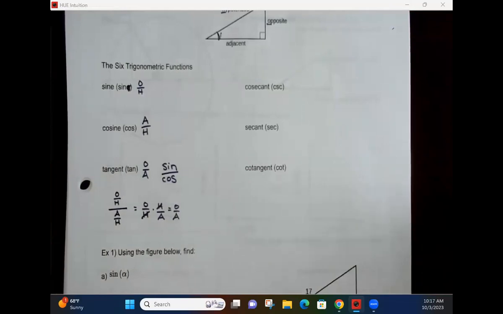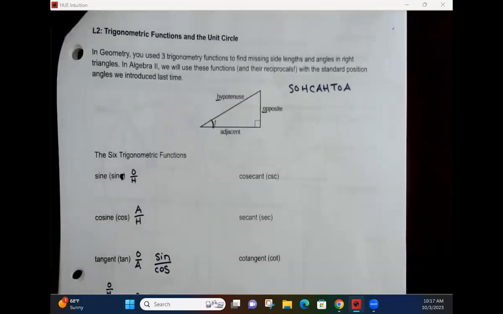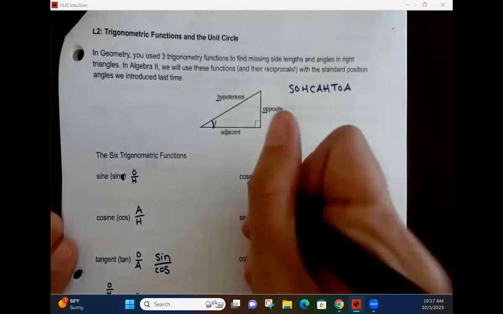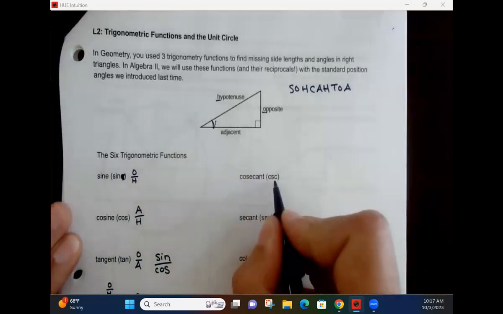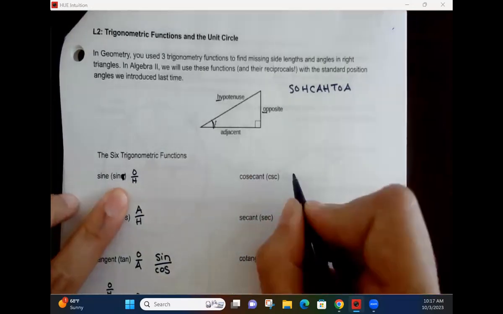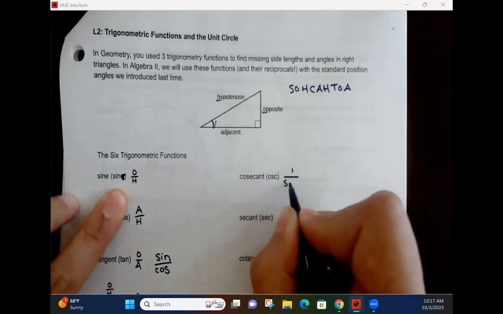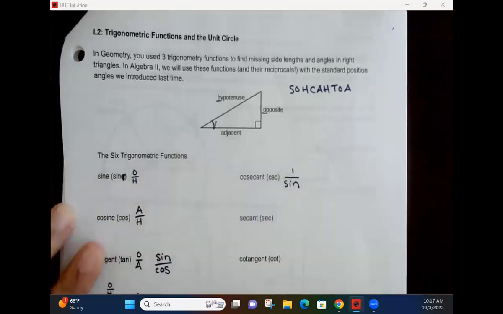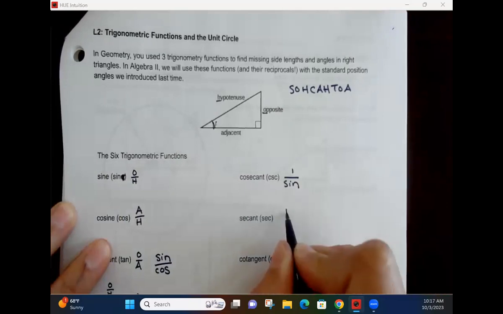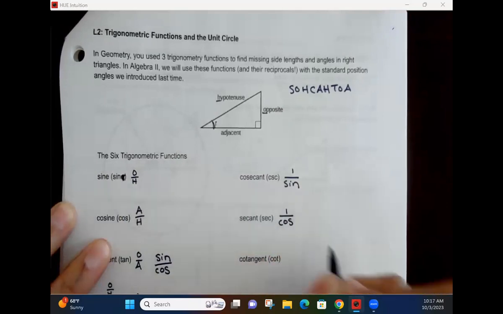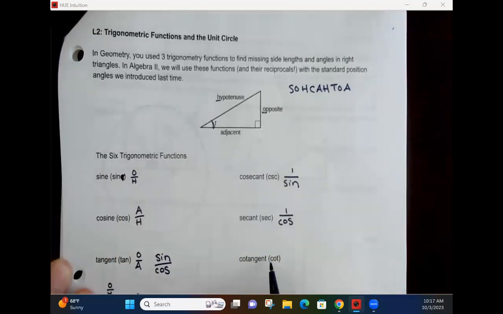We also have what are sometimes called the inverse trig functions because they are the inverse here, okay? And we've got cosecant, which is going to be the inverse of sine. Secant, which is the inverse of cosine. And cotangent, which is the inverse of tangent.